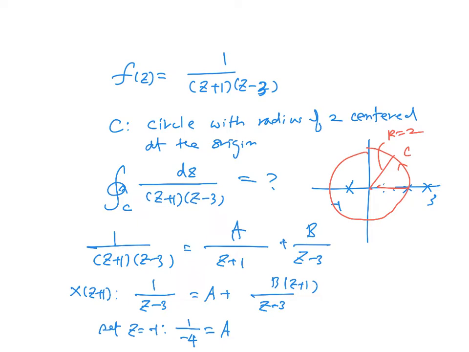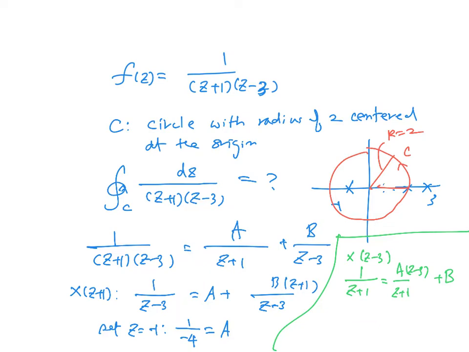If you'd like to make a disappear, what do you do? You multiply z minus 3 everywhere. Then we have 1 over (z plus 1) equal to a(z minus 3) over (z plus 1) plus b.